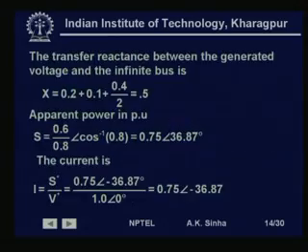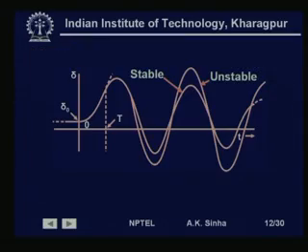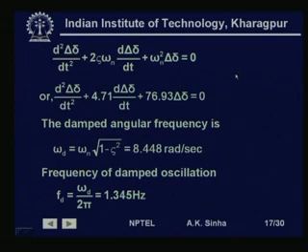That is, if we look at this diagram, then we are saying the frequency of oscillation for this system is 1.345 hertz. This is a normal thing that we see, that is, the damped frequency of oscillation for the dynamics of the system is normally of the order of 1 hertz or so.